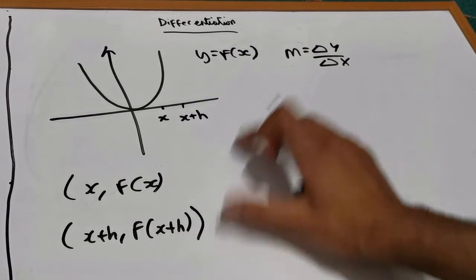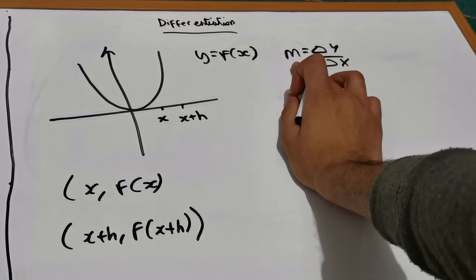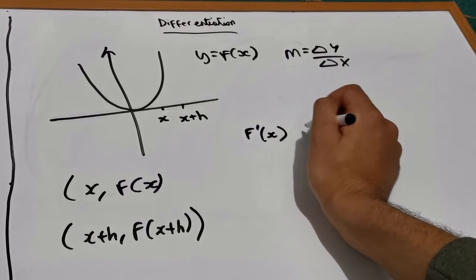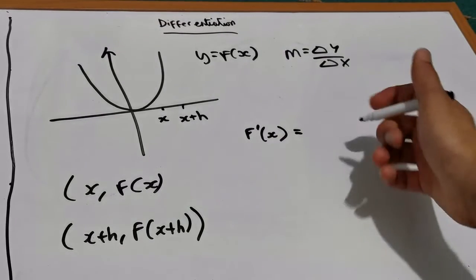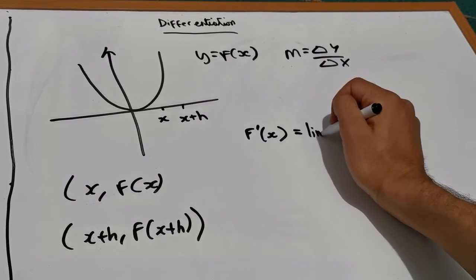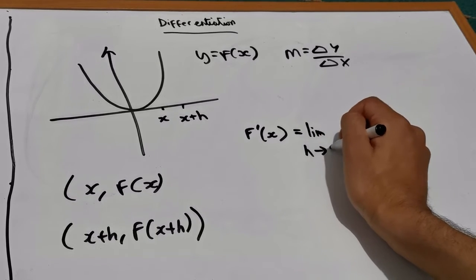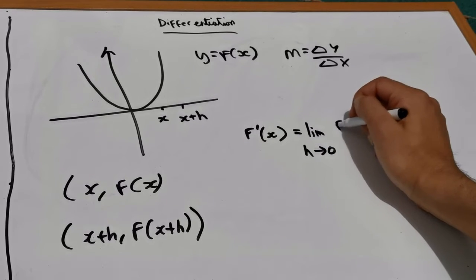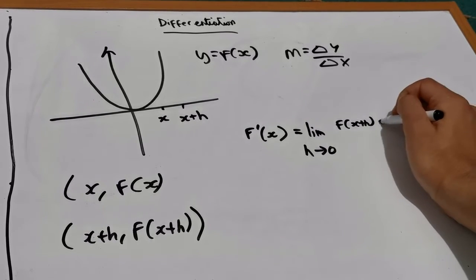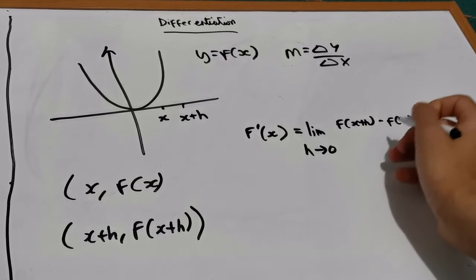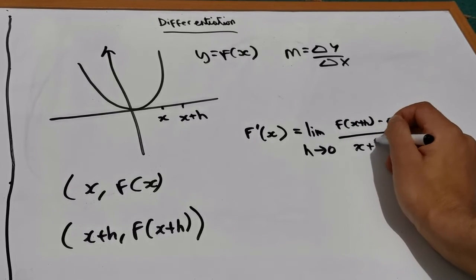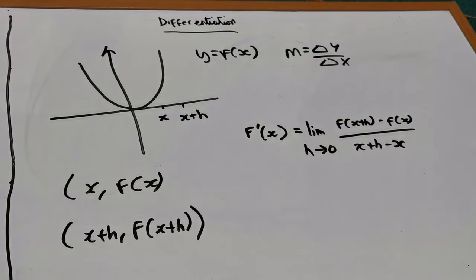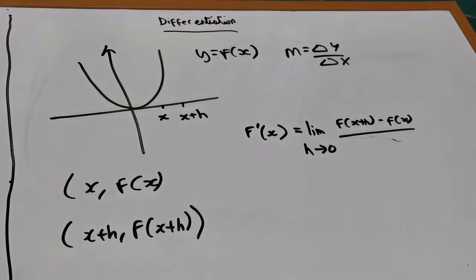So essentially, the gradient function, so the expression which gives us m, which we write as f prime of x, is equal to, and this here is some new notation, I'll explain in a minute, the limit as h approaches 0 of the change in y, which is just f of x plus h, minus f of x, all over x plus h minus x, and x plus h minus x just simplifies down to h, so I'll just write h.